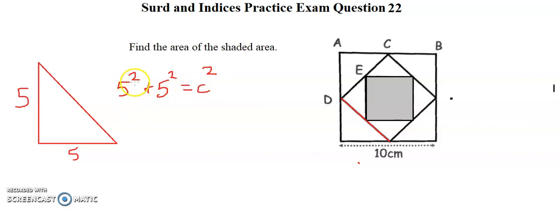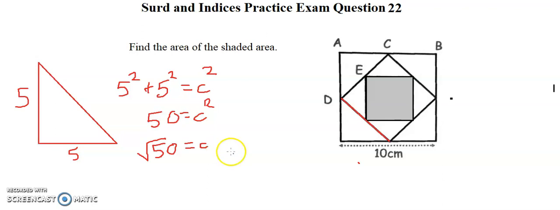So 5 squared is 25, 5 squared is 25, that leaves me with 50 equals c squared. To get c by itself, I square root both sides, and I get square root of 50 equals c.